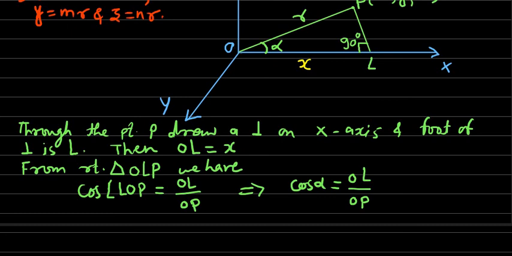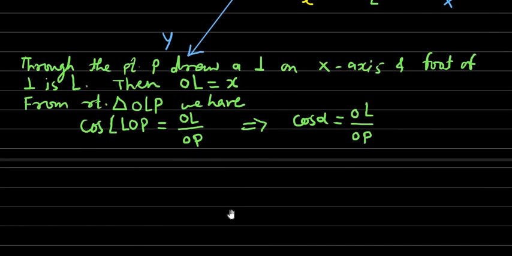From the figure it is clear that length OL is equal to x and length OP is equal to r. So put the values from the figure. This implies cos alpha is equal to x upon r.